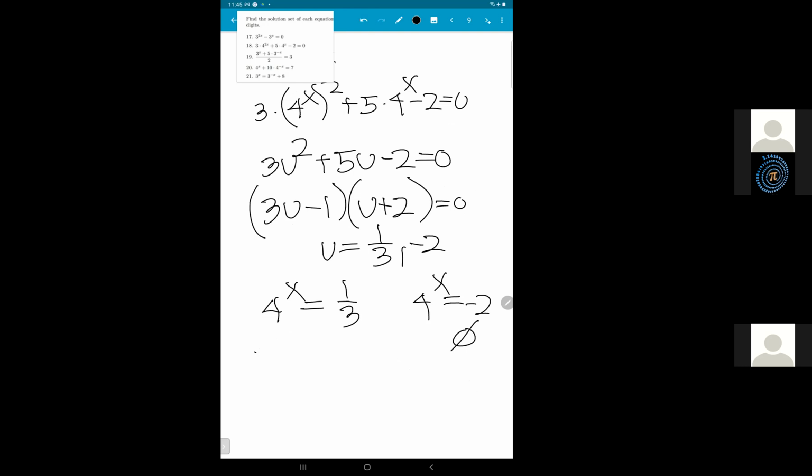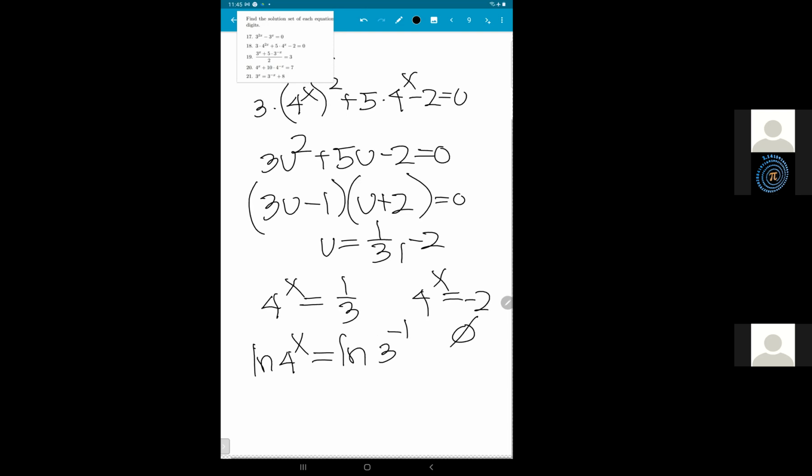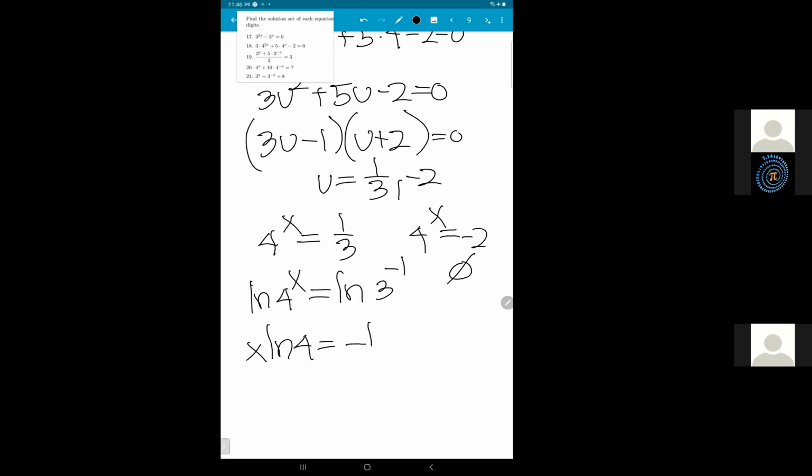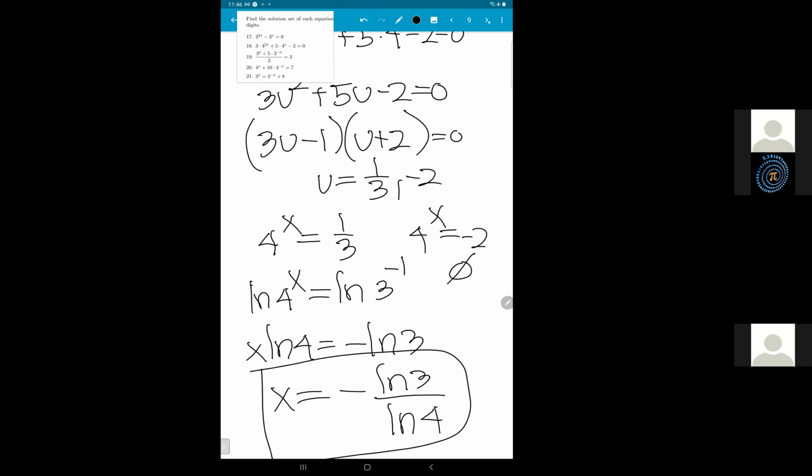Okay, ln 4 to the x equals ln, I'll write 1/3 as 3 to the -1. Bring down the exponent. So x is negative ln 3 over ln 4. So that is our answer. It takes practice to really get exponential and logarithmic equations.